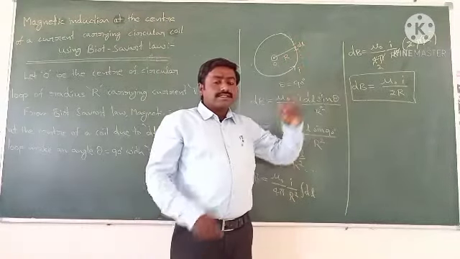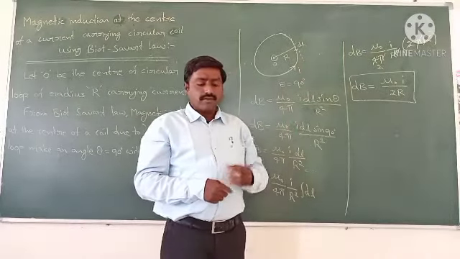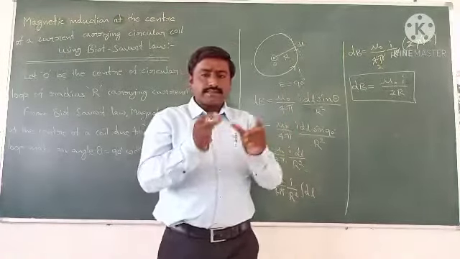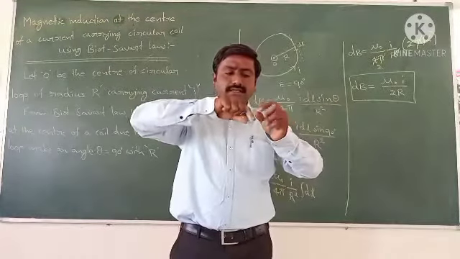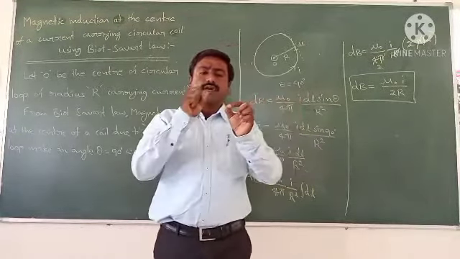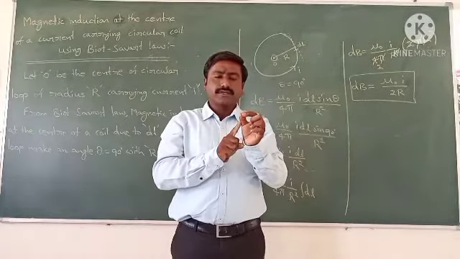Now if the coil consists of n number of turns, for example, if you take a thread, due to a single thread, if you form a circle, here the number of turns will become 1 because it is only one thread.